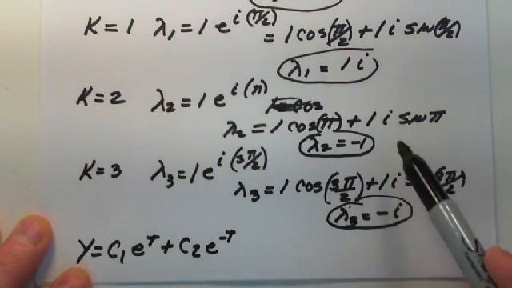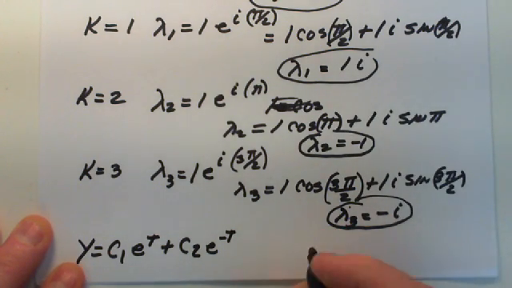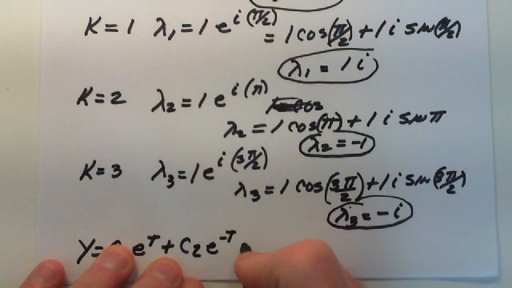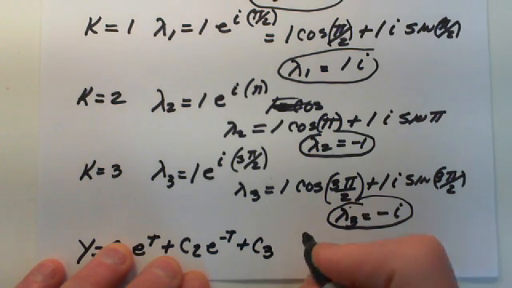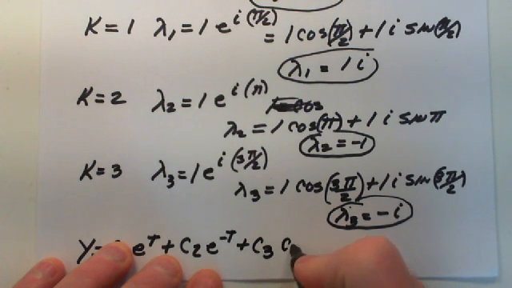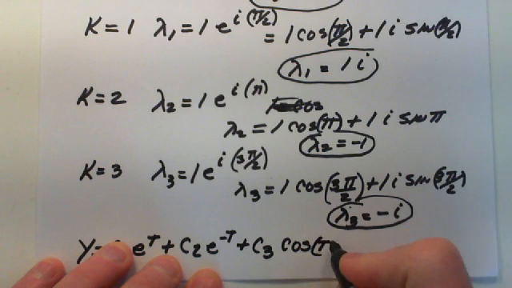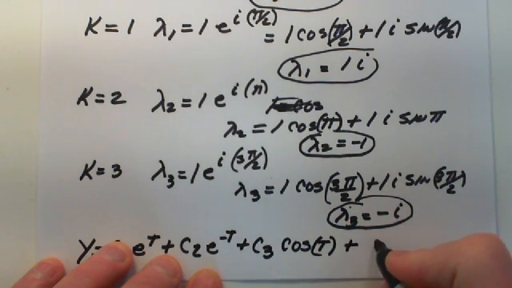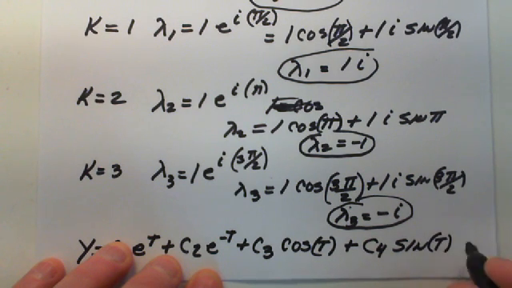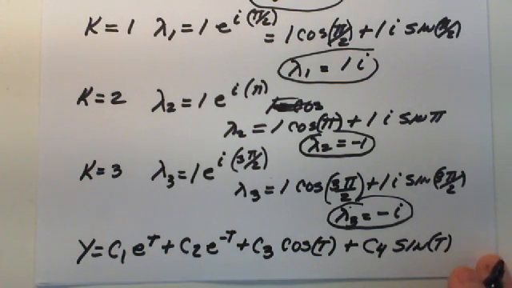We got a plus i and a negative i, so it takes us right to our cosine and our sine, so we get plus c3 times the cosine of t plus c4 times the sine of t. And that's the solution to that differential equation, using what's called the polar form. Alright, that's not too bad, I hope.